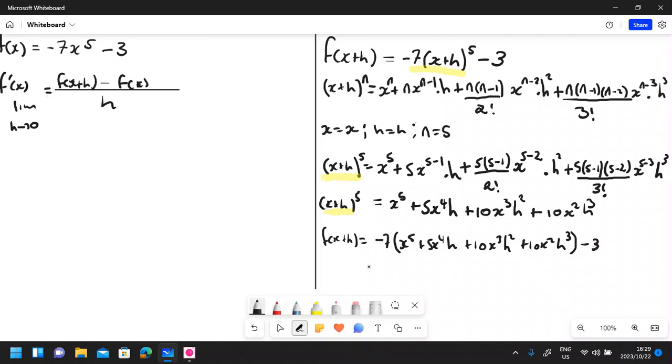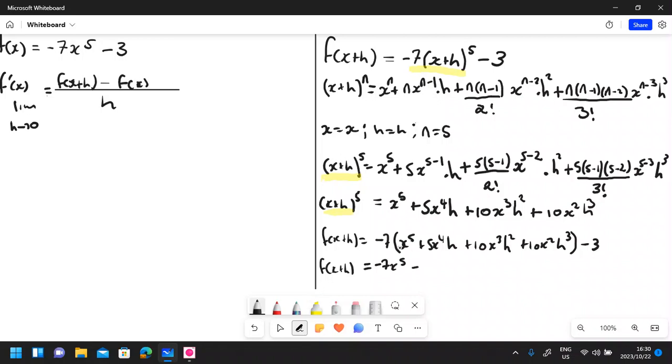So in order for you to do it very well, let's just substitute. Let's just finish up here. So we have f of x plus h. Now we multiply by -7 throughout, so this is going to be -7 x to the power of 5, and then we minus again.